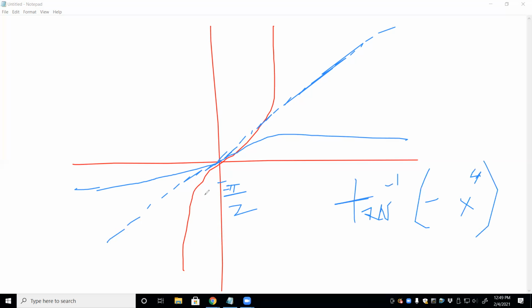Well, as x goes to positive infinity, then that actually goes to negative infinity. And so it's this part of the curve that I'm looking for where it is approaching minus pi over 2. Okay, I think I follow.